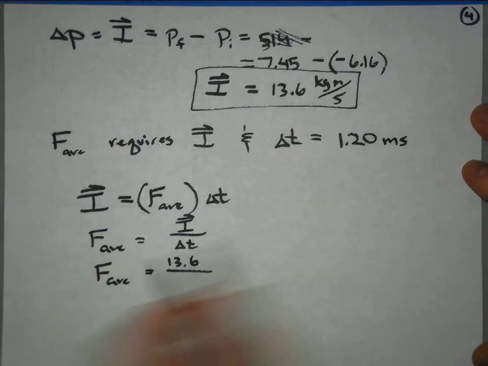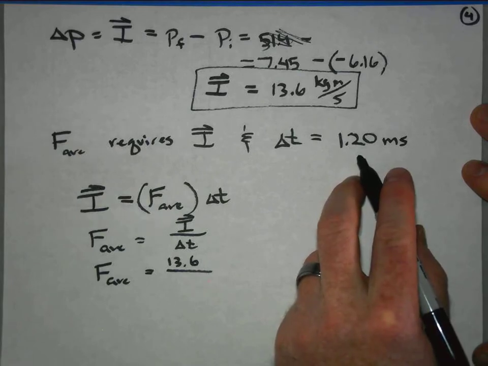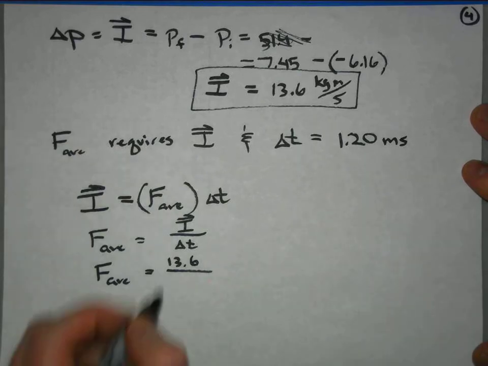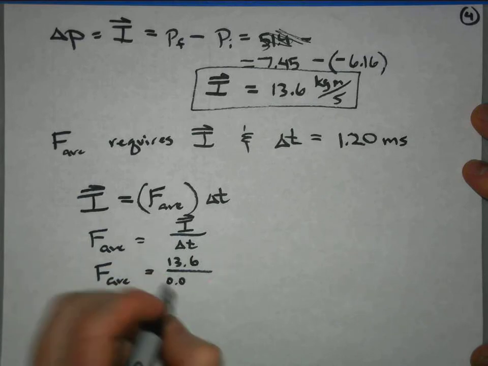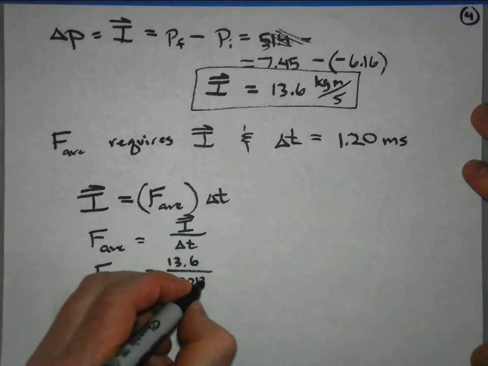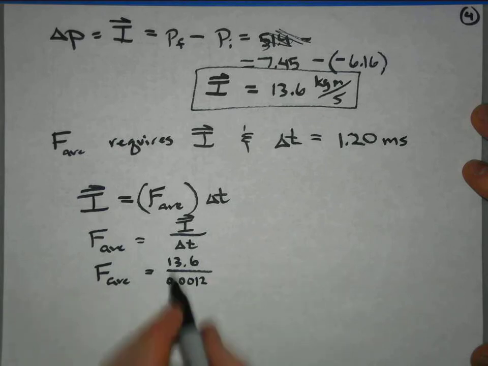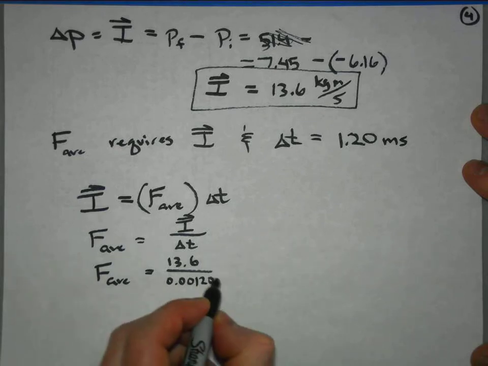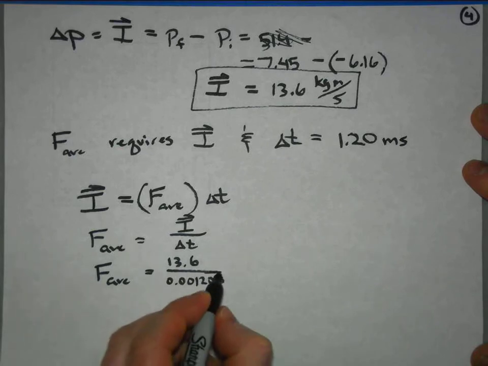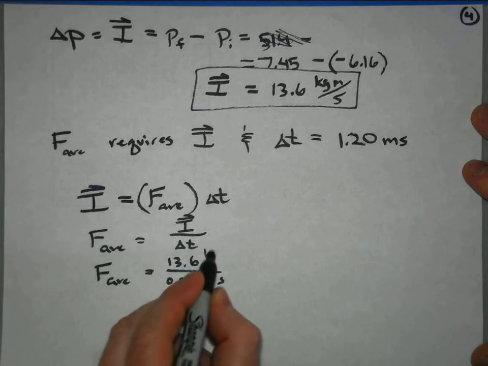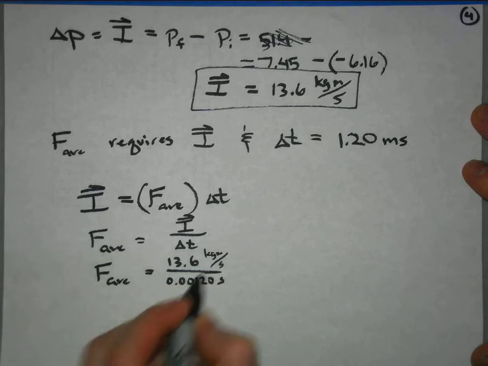My time interval was 1.20 milliseconds. So it's a very brief period of time. That, when you break it down, comes out to 0.0012. There's another zero there, just for significant figures, right? Seconds. This up here is kilogram meters per second.